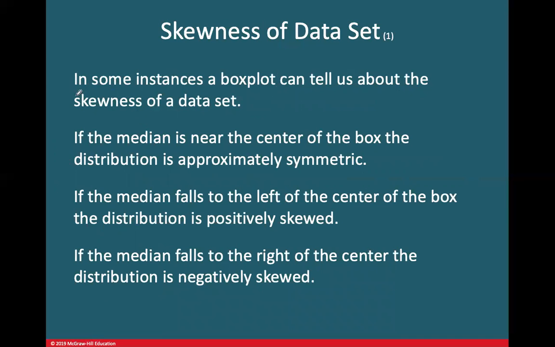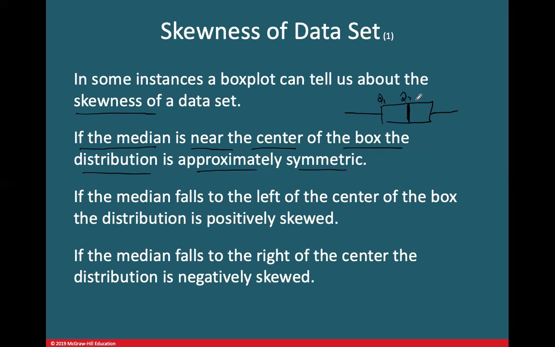In some instances, a box plot can tell us about the skewness of the data. If the median is near the center of the box, the distribution is approximately symmetric. So imagine the median is here.